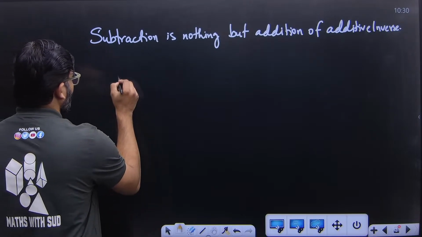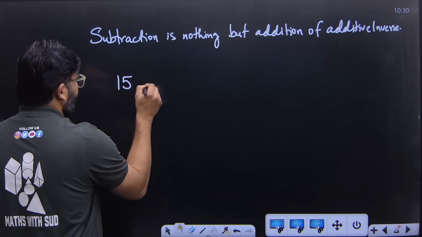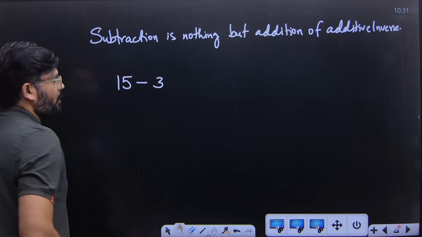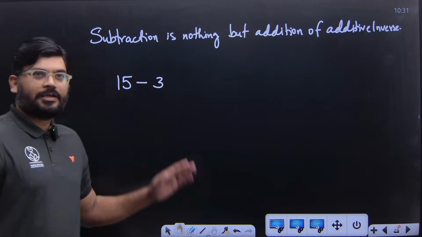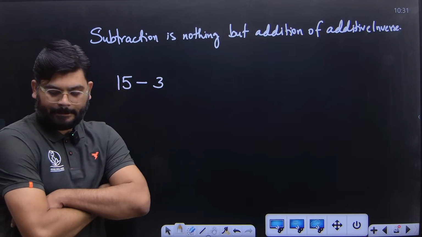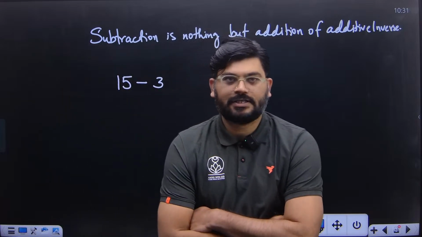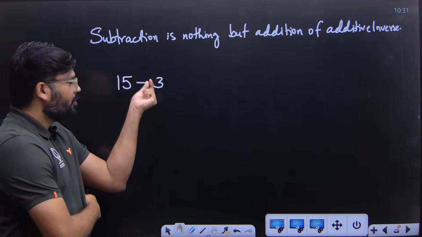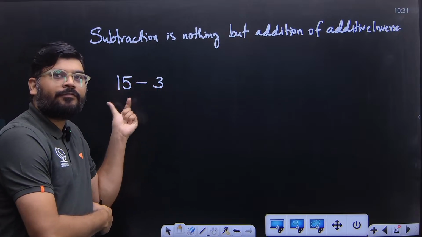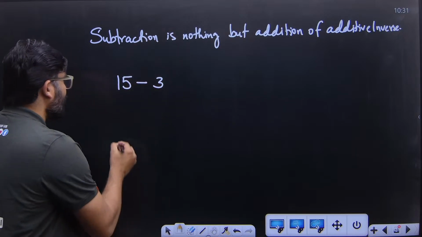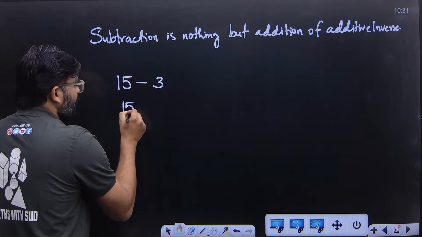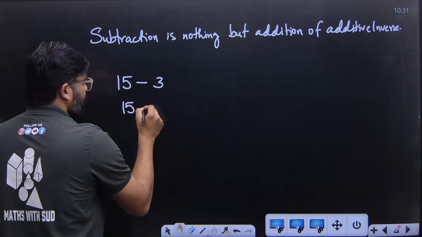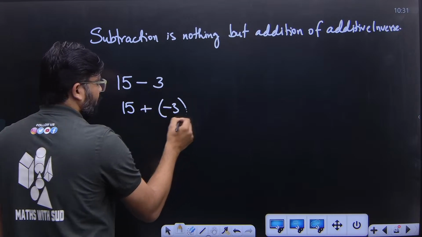For example, if I ask you 15 minus 3, you write that down. See this, 15 minus 3. So what is happening? 3 is subtracted from 15. No, we will say 3 is not being subtracted from 15. Try to understand it this way: 15 is added by negative 3.